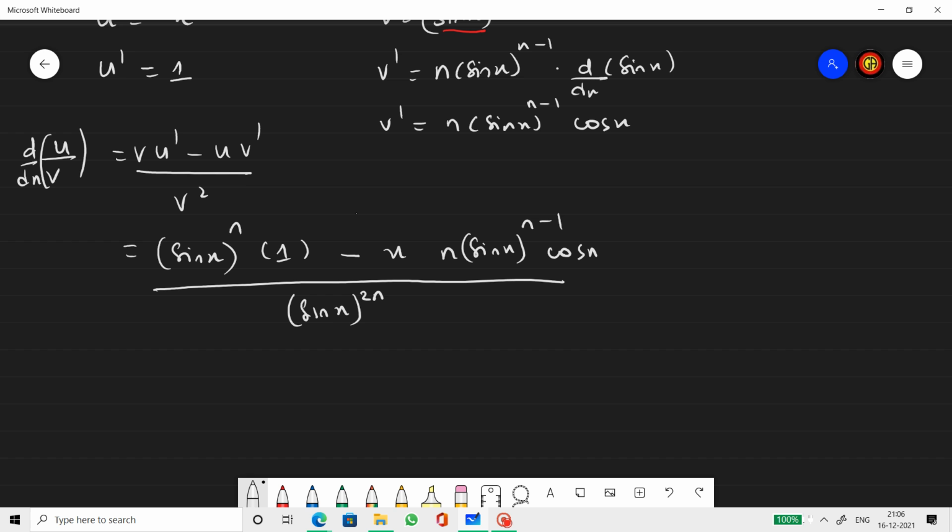Differentiation is over here itself. If you want, you can simplify, or else you can leave it like this.